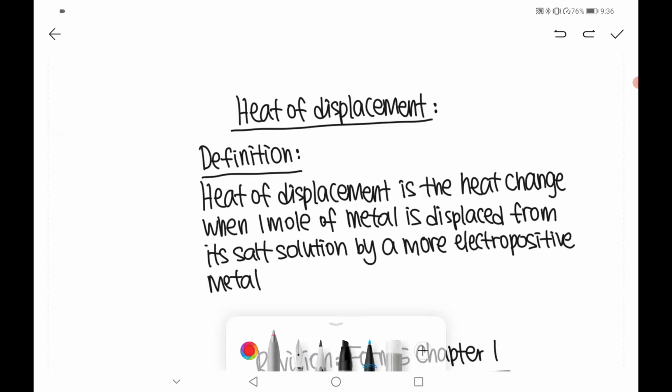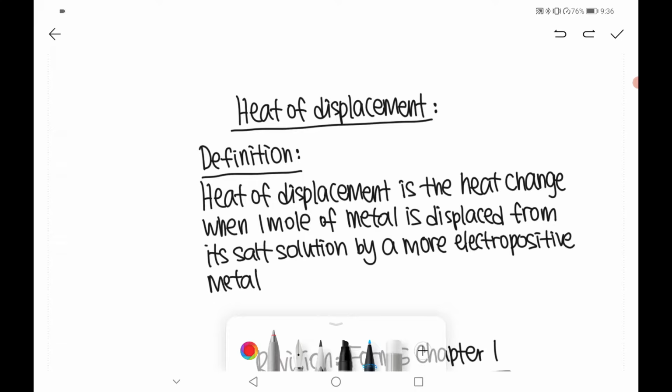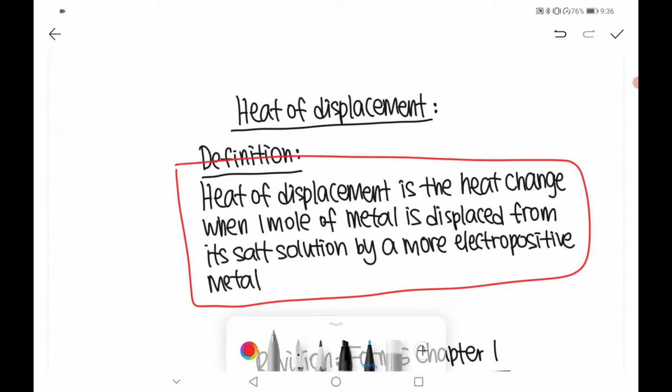The definition sounds very long and complicated, right? Actually, it's not really hard. So don't memorize the whole thing without understanding. I repeat, don't memorize the whole thing without understanding.